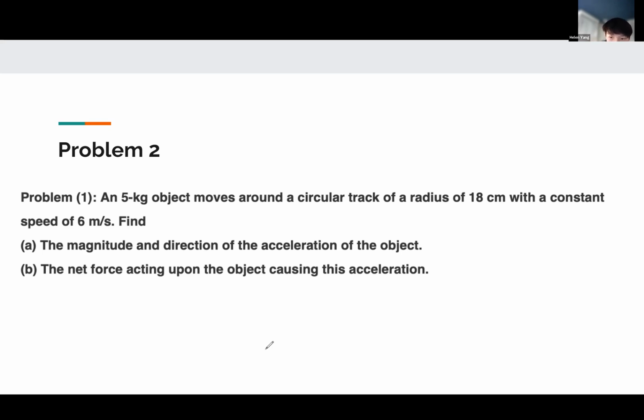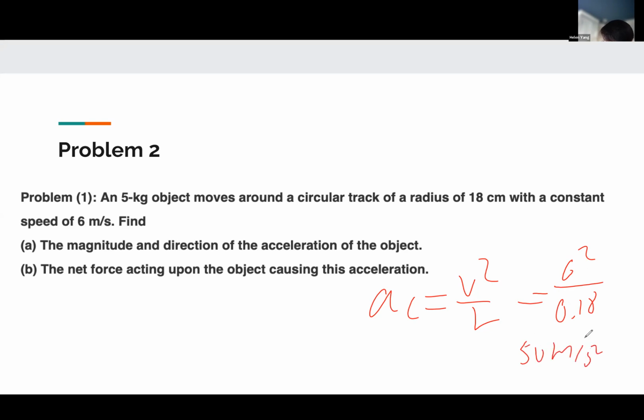To find the acceleration, it would be a equals v squared over r. This is centripetal acceleration. You know the speed is 6, so it would be 6 squared divided by the radius, which is 0.18. So it would be 200 meters per second squared.